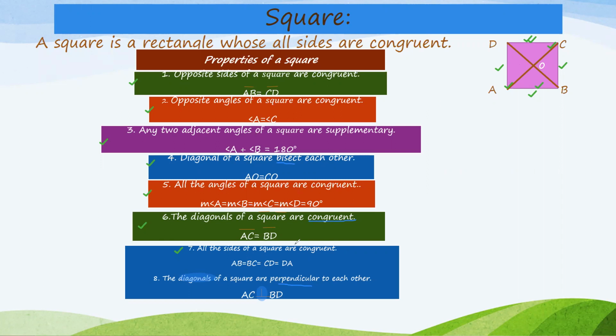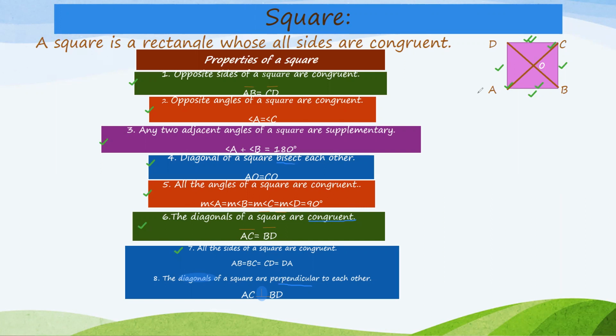So if I ask you that the diagonals of rectangle are perpendicular to each other, what will you say? Yes, it's false. And if I ask you the diagonals of parallelogram bisect each other, yes, it's true. The diagonals of square are perpendicular to each other, yes, it's true.